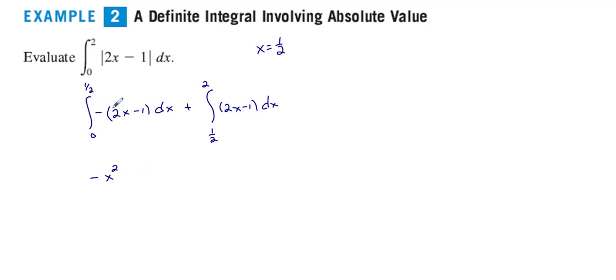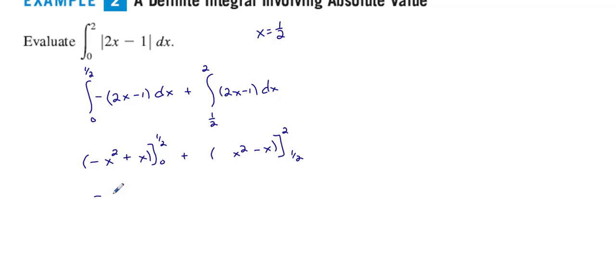Now I'm going to distribute the negative, so plus x, right? All right, parentheses, evaluated from 0 to 1/2. Plus, this antiderivative would be x squared minus x, evaluated from 1/2 to 2.